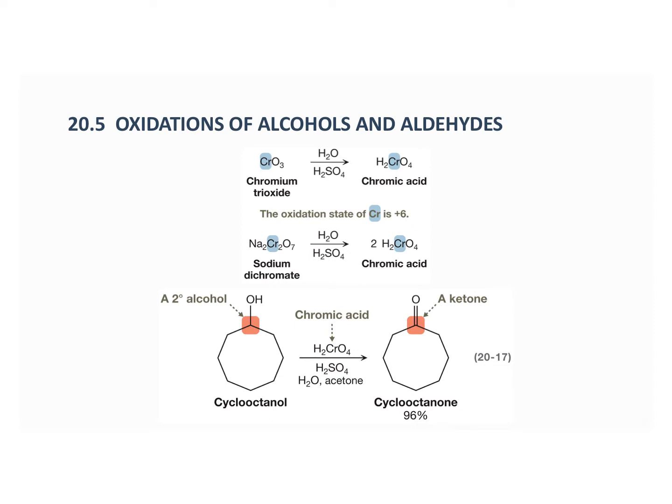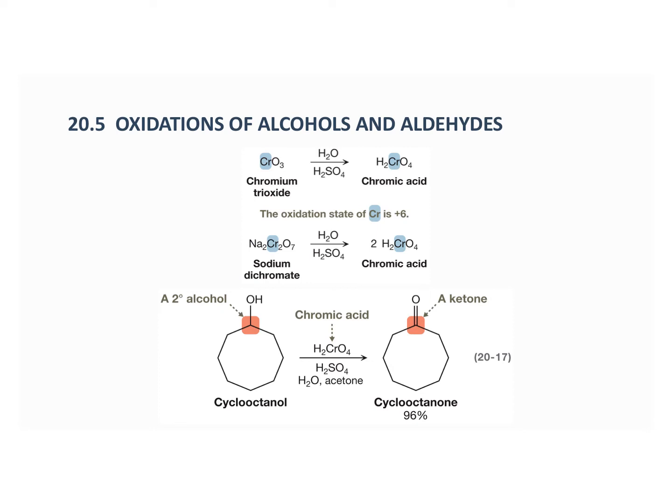Both of these a lot of times are made in situ, where you make these and then you add what you're trying to oxidize. Okay, so the oxidation state here of chromium is +6. And we see this generally in three forms. When we're looking at reactions, you can see it as CrO3, you can see it as chromic acid, or you could see it as sodium dichromate.